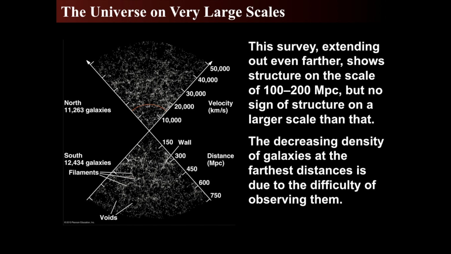So we have a kind of pizza pie diagram, and this I believe is a 2dF survey or a Sloan Digital Sky Survey, and I forget which it is exactly, but this would be Sloan because the orange marks out the Sloan Great Wall. We see that there are these lumpy, foamy structures, but if you look, they're actually lumpier as you get closer and closer to us, meaning velocity goes to zero.